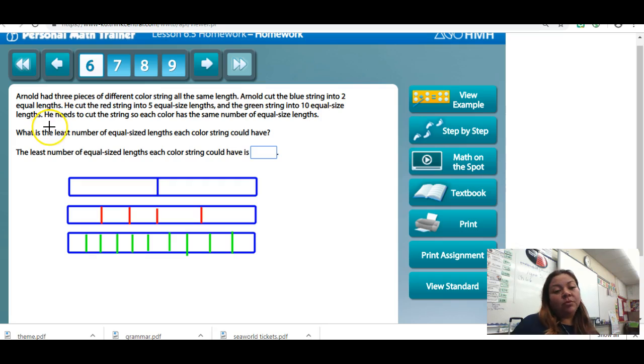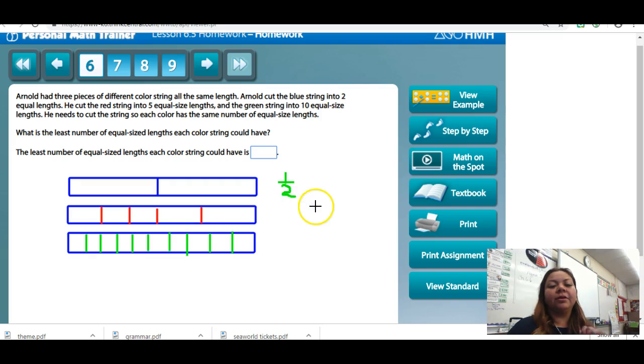Now, he says he needs to cut the string so each color has the same number of equal size lengths. So here we have parts that are 1/2 pieces, right? Because we cut them. Oh wait, I'm doing the line, so I can't do that. Where's my pen? Okay, so this is 1/2.